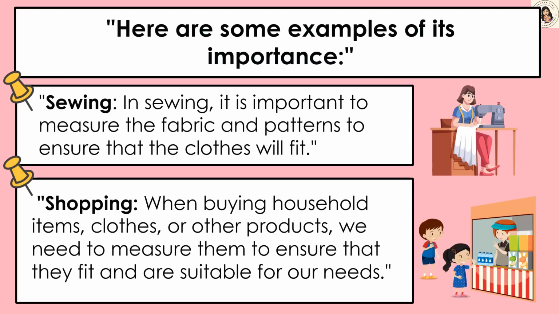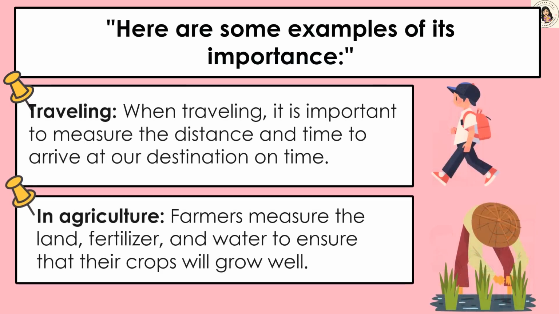When buying household items, clothes, or other products, we need to measure them to ensure that they fit and are suitable for our needs. Traveling. When traveling, it is important to measure the distance and the time to arrive at our destination on time.